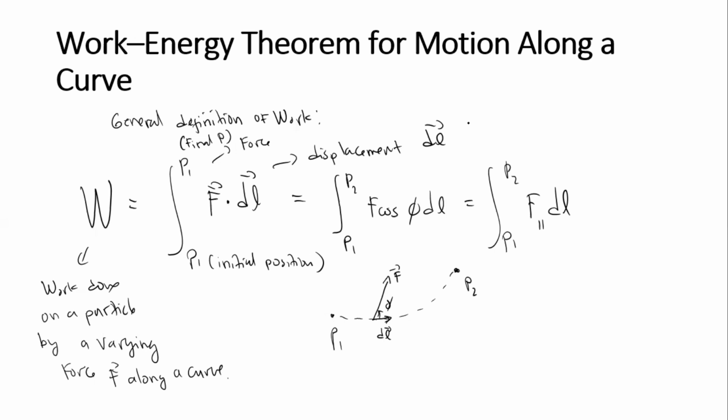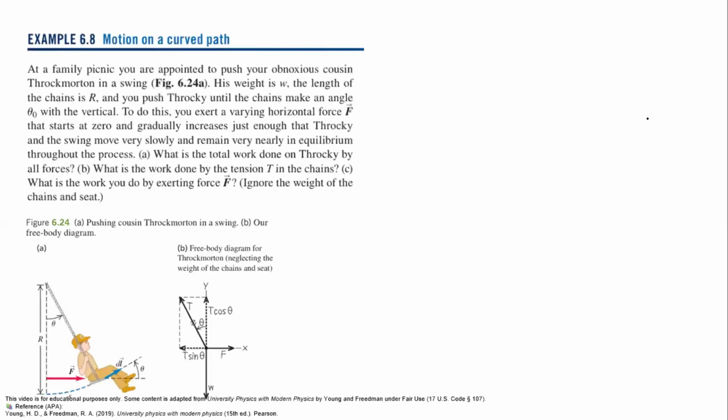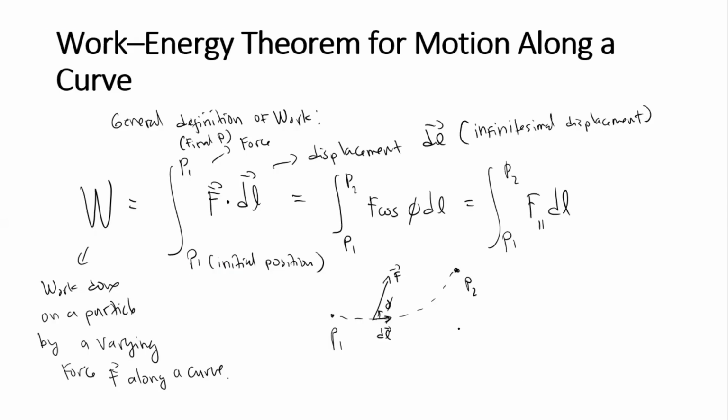This is the general definition of work. It's applicable to all. So for example, for the spring, the work done by the spring comes from, instead of P1, which is equal to X1, and P2 equal to X2, F dot dl.